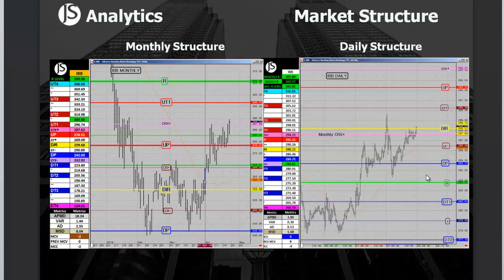Well, we could actually correct and get a trigger here down to this area here. And if we did have a failure here, that would be 2 APMDs down to the DT1, which would put us back on top of this support area here. Kind of putting the market back into a little bit of a digestive trade, with this R level being the pivotal point to the bull trend is going to re-engage, or we're going to have a sideways digest.